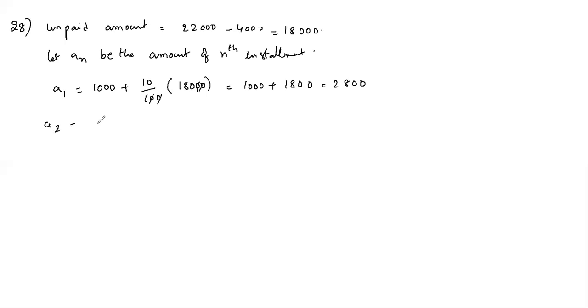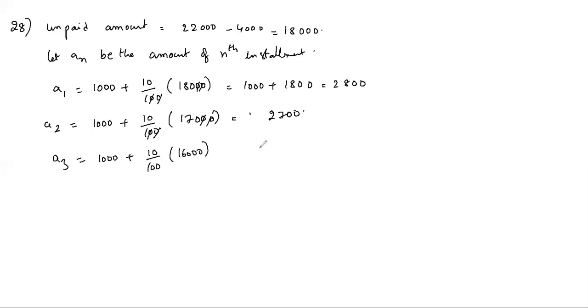A2 is 1,000 plus 10% of 17,000, so 1,700, 2,700. Similarly, A3 is 1,000 plus 10 by 100 into 16,000, so it is equal to 2,600.